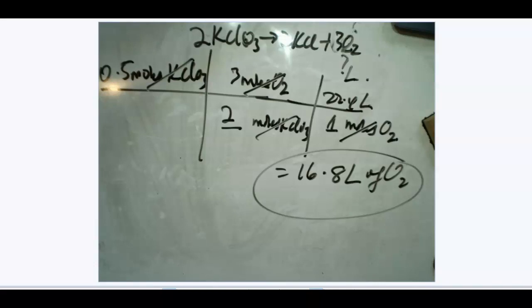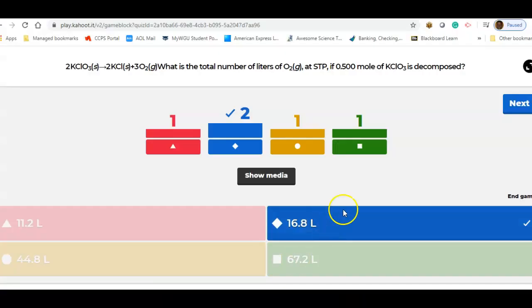That's it. 16.8 liters of oxygen. When I said I was looking for oxygen, I multiplied by 3, but I forgot that you had to include the mole ratio. Mole ratio, yeah. Yes. Okay. All right.